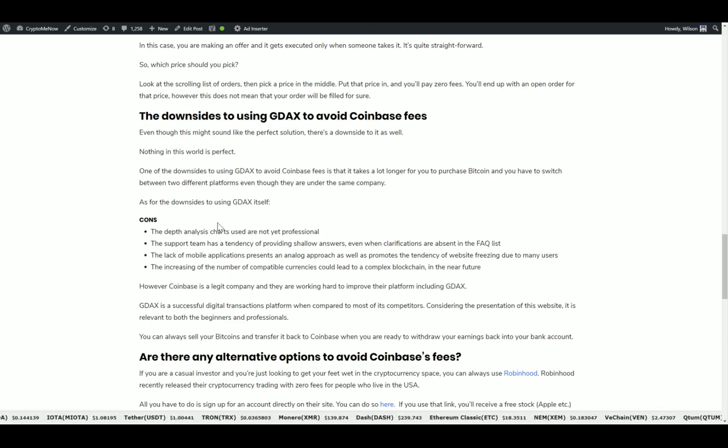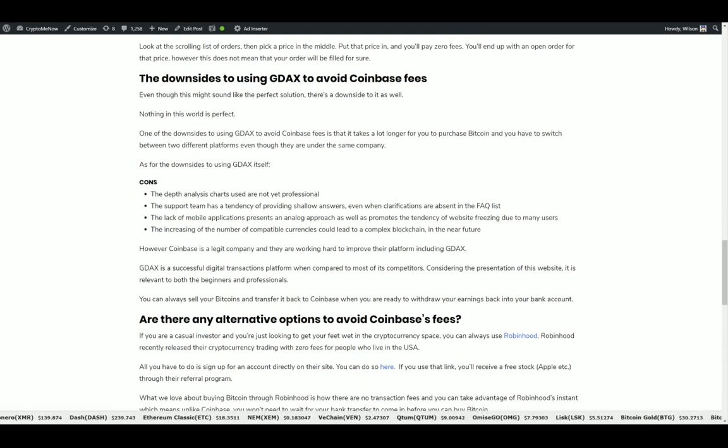They don't necessarily have a mobile app for you to do your trading on instantly, and there's just a limited amount of currency currently on the platform. When I do a lot of day trading or swing trading in cryptocurrencies, I like to use Binance's platform, which is a lot more robust. But for this specific situation, all we're doing is avoiding the high Coinbase fees when you're looking to buy Bitcoin.